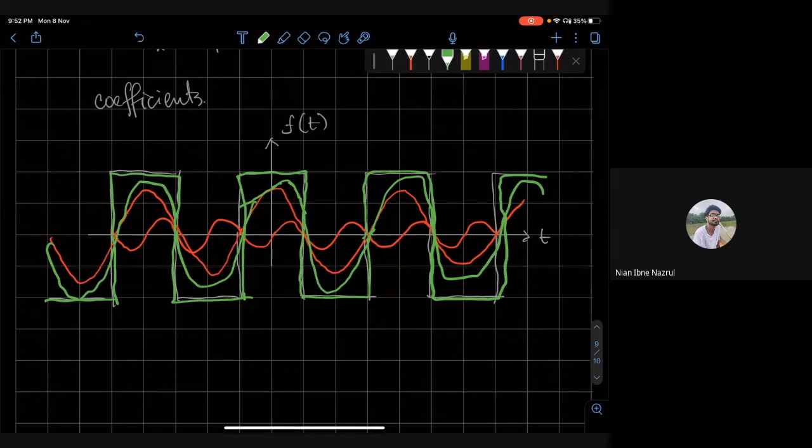Okay, so it is actually quite intuitive, but of course the details can be quite mathematical. Okay, so let's write down some words.